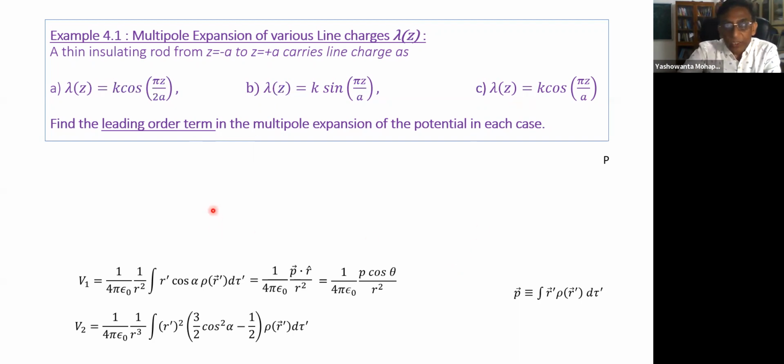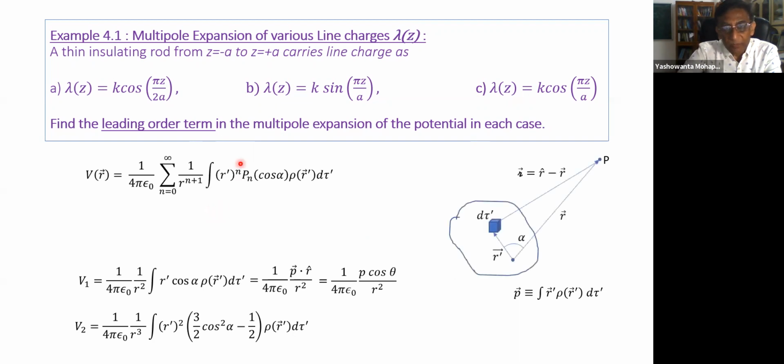Just to remind you of the terms, this is my distribution, and this is my multipole expansion. My first term is the monopole term, and the second term can be written if I define p equals the integral of r prime rho of r prime as the dipole moment.